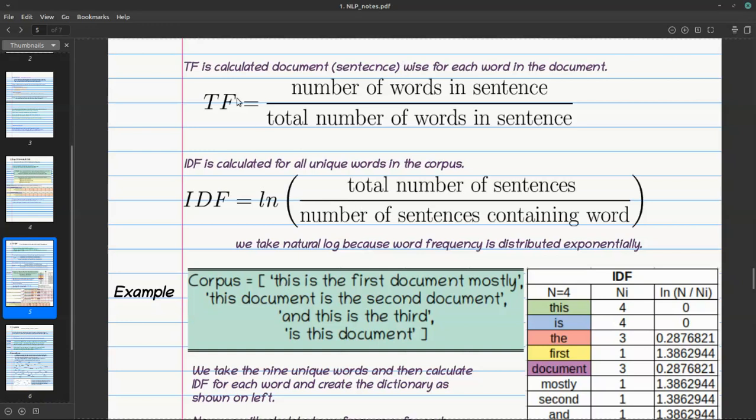Term frequency is, as you might have guessed, how many times the word is there divided by the total number of words in the sentence, right? So TF is saying what's the frequency of a word, or how frequent this word is in a given document, right? It doesn't care about other sentences.